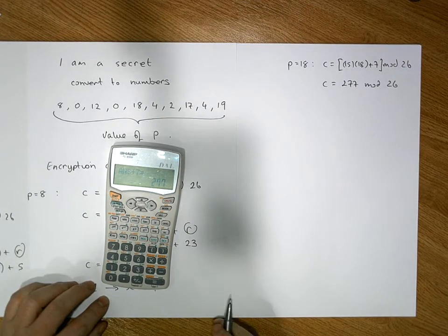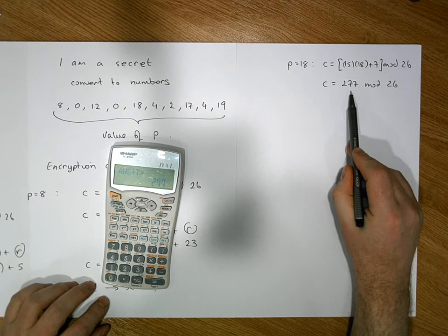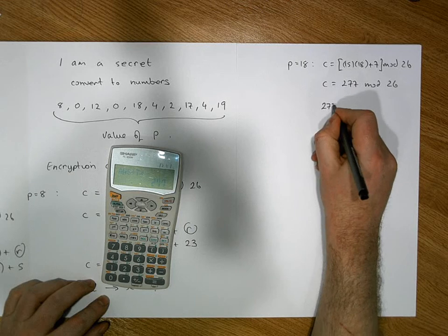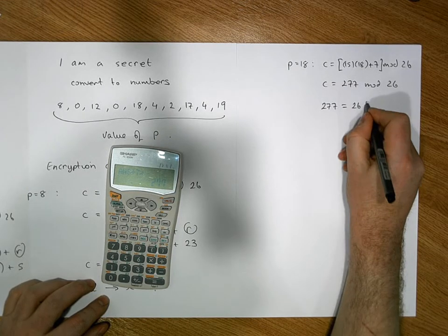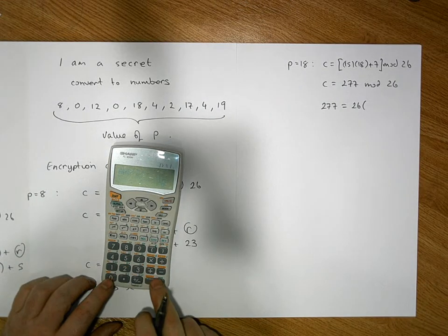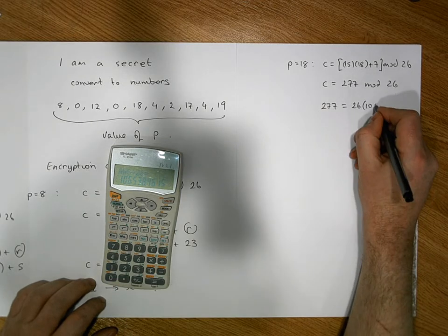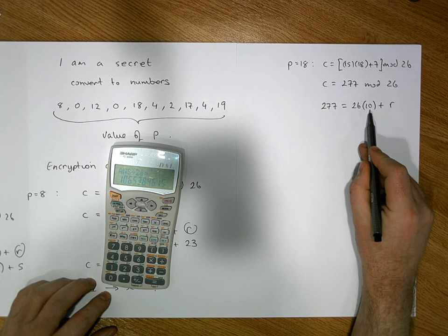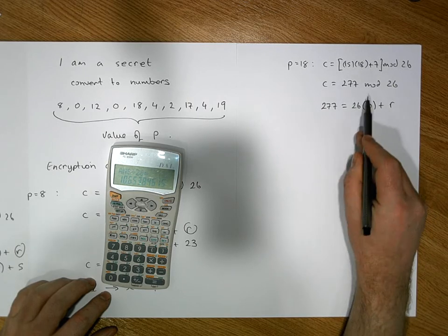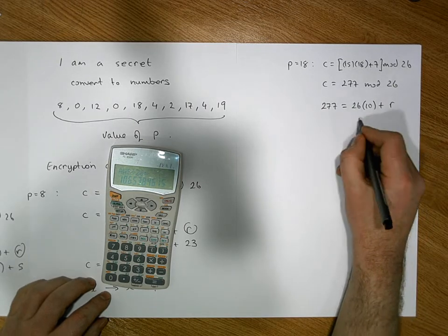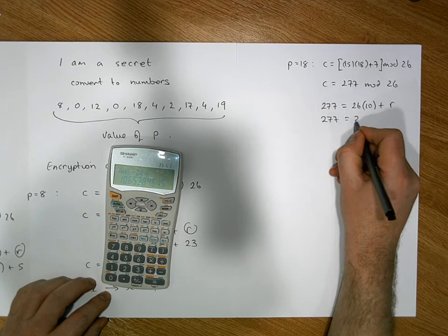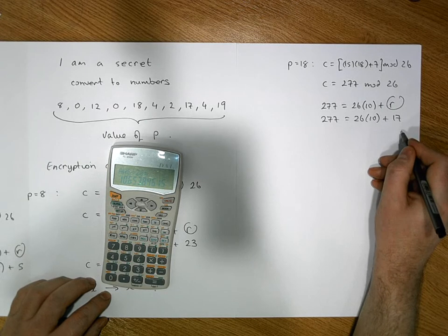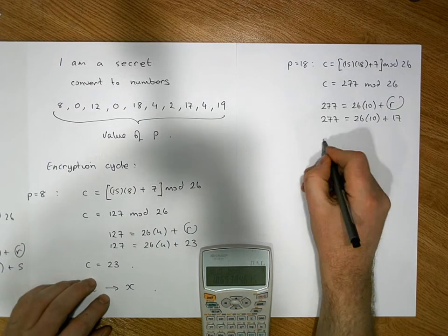When I divide 26 into 277, what's left over? 26 goes in 10 times, plus some remainder. What do I add on to 26 times 10 to give me 277? Clearly we add on 17. So 277 equals 26 times 10 plus 17. Our remainder is 17, so our C value is equal to 17.